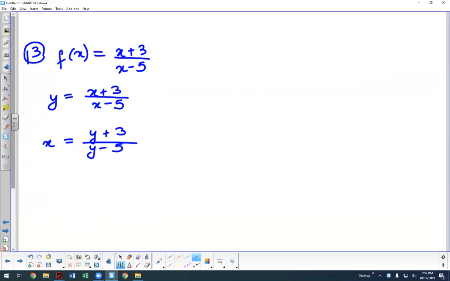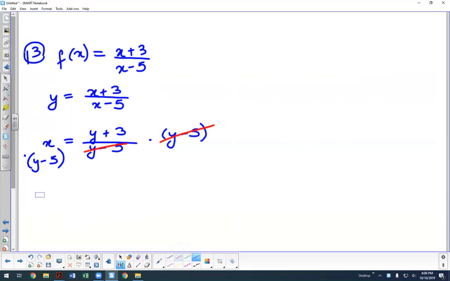Since I have y in two different locations, I'm going to have to find a way to bring those two y's together so that we can isolate it. So the first step we're going to do is multiply both sides by our denominator, y minus 5, so that we can cancel these guys out.